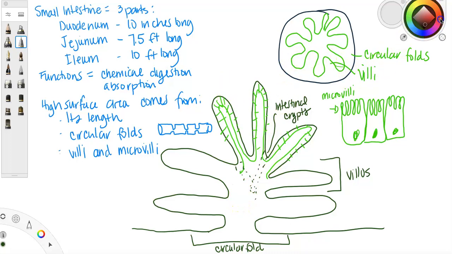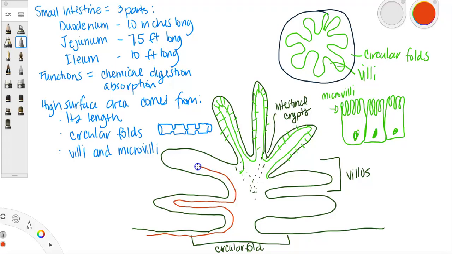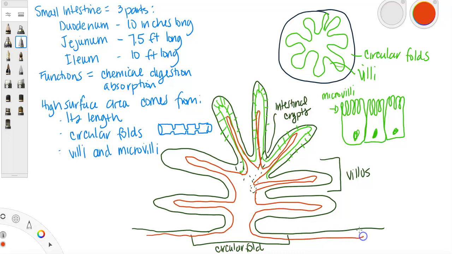Inside here, we have blood vessels that come in and feed, and this is where the nutrients are dumped to the blood.